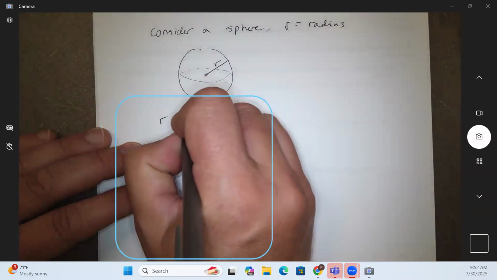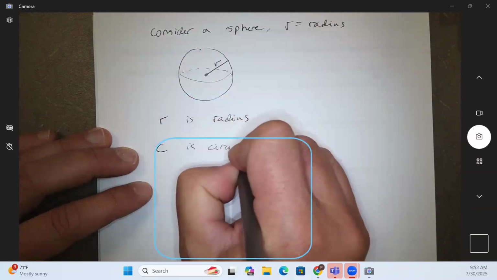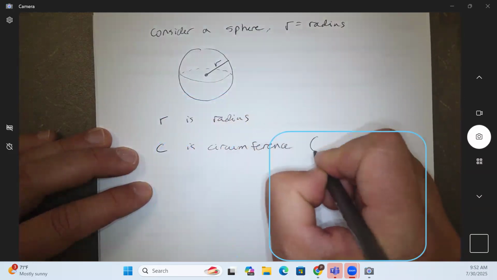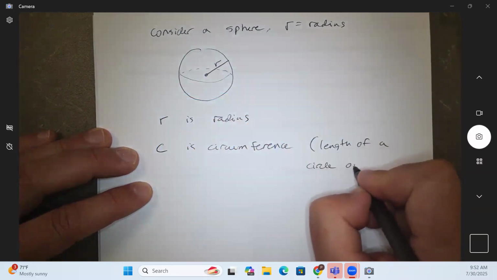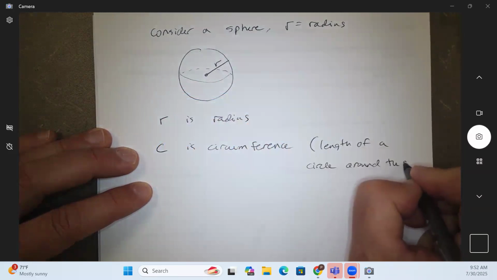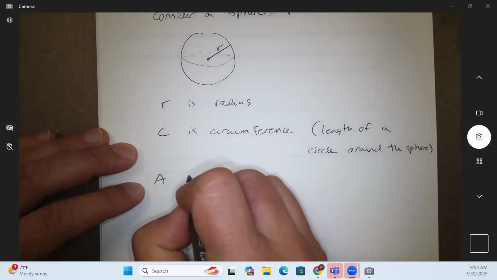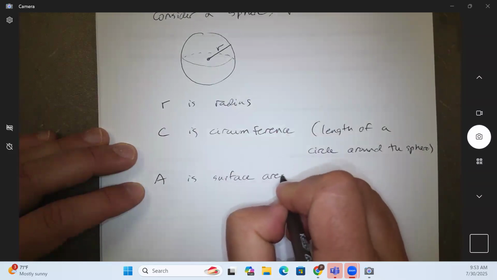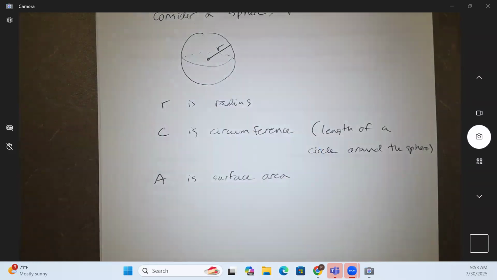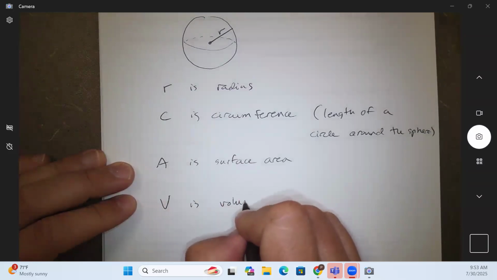We can talk about R as a radius. We can talk about C, which is the circumference, the length of a circle around the sphere. We can talk about A, which is the surface area. If you shaded in the whole side of the sphere, it's a 3-dimensional object, but it has a surface area. And we can talk about V, which is the volume.